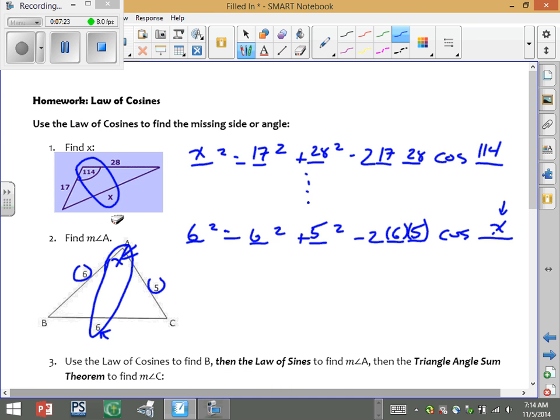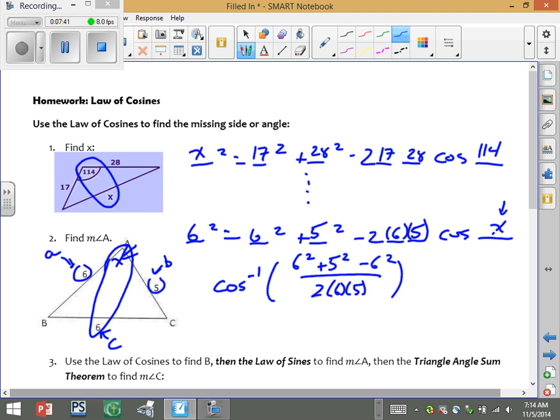So let's go back to that problem. So we'll go cosine inverse. So that means here's C, and we'll just call these A and B. So a squared, 6 squared, plus b squared, plus 5 squared, minus 6 squared, over 2 times 6 times 5. And I would suggest doing this one step at a time. Let's do the whole numerator first.